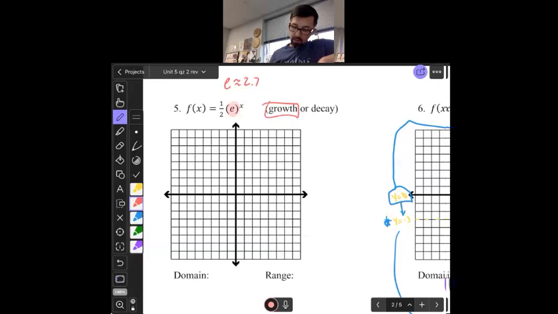So what I want you guys again to do is start off with that base function. So our base function is e to the x. Not doing the half, I'm just doing e to the x. So e to the 0, e to the 1, e to the negative 1. Anything to the 0 power is 1. I just said that e was equal to 2.7. And then what's e to the negative 1?